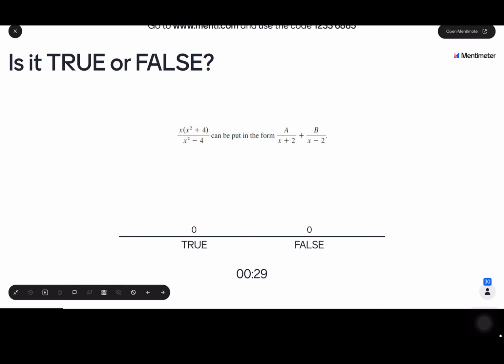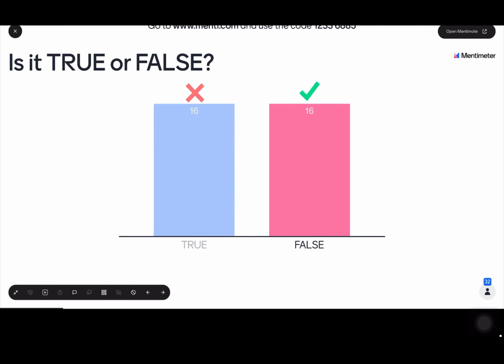They would like to know the reason. It's 50-50. It's false because the numerator is x cubed.